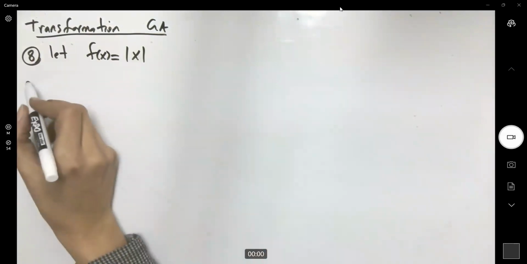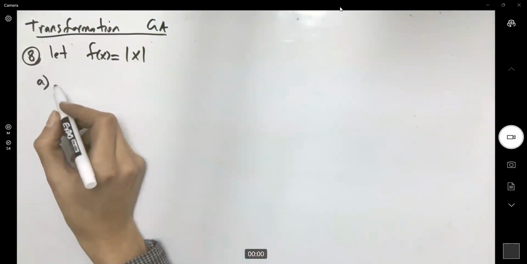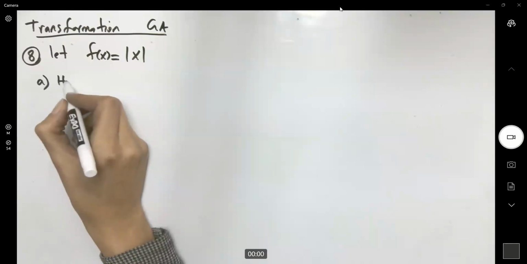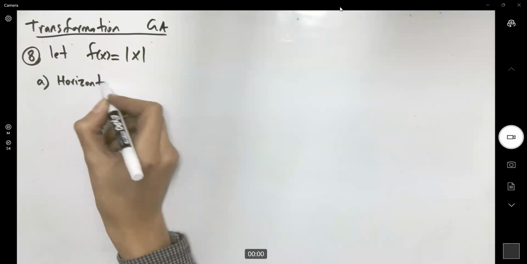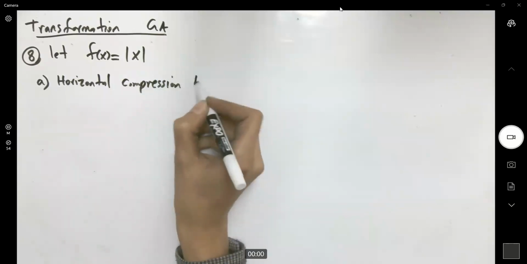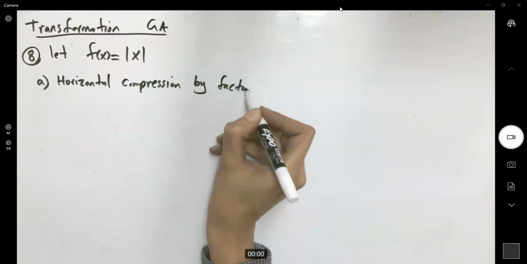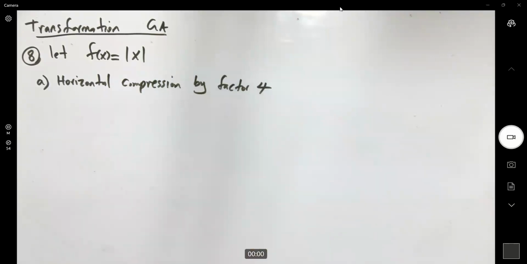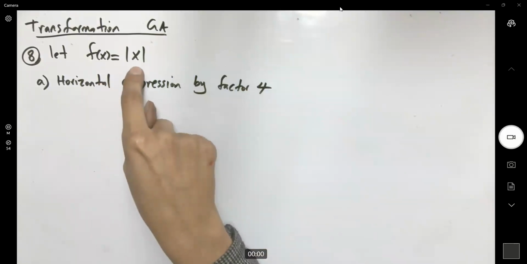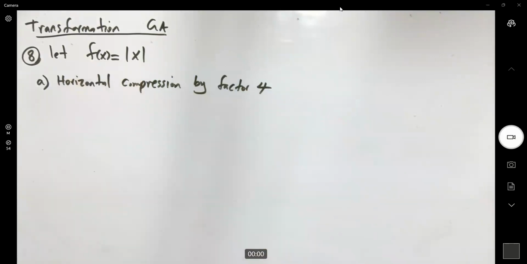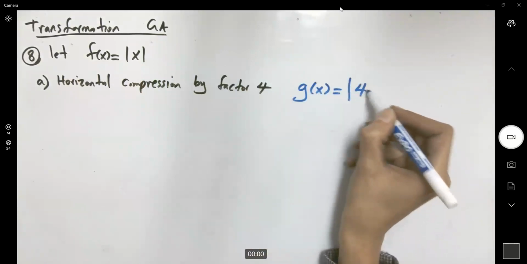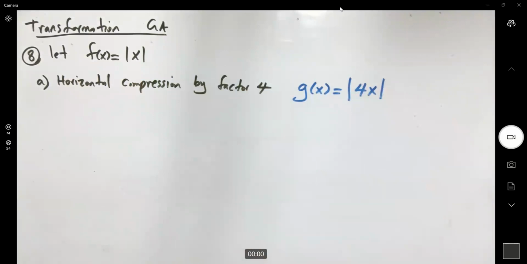It says, first of all, give me a horizontal compression by factor 4. Since we are dealing with horizontal change, it means that we are changing our x, not the y. So this becomes g of x equals absolute value of 4x.